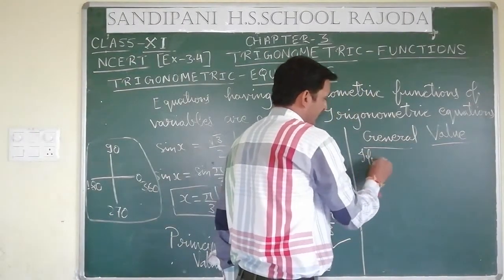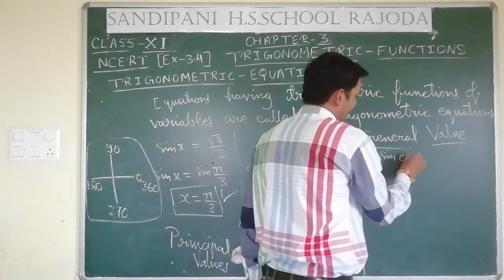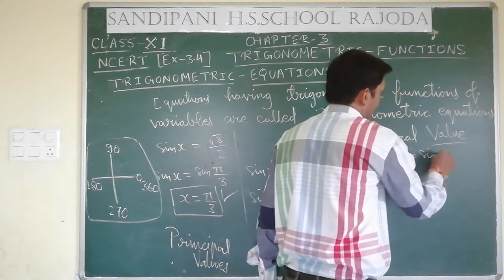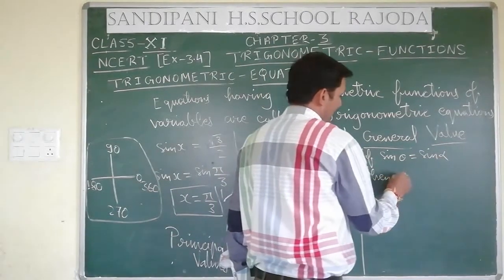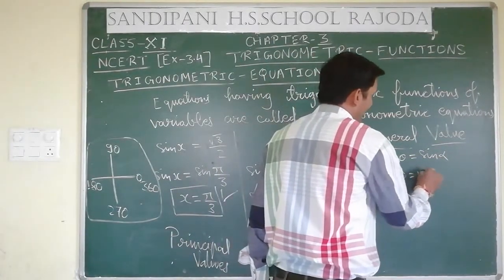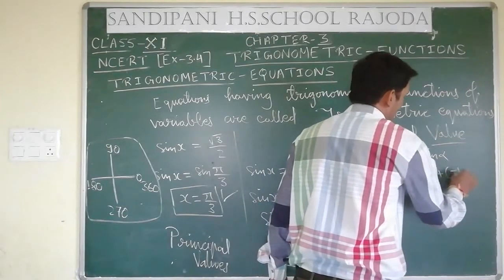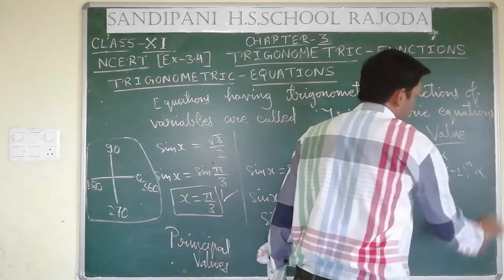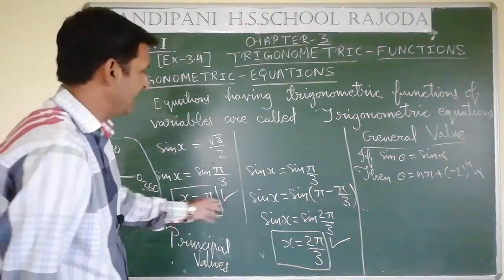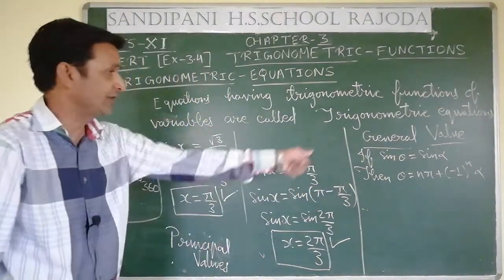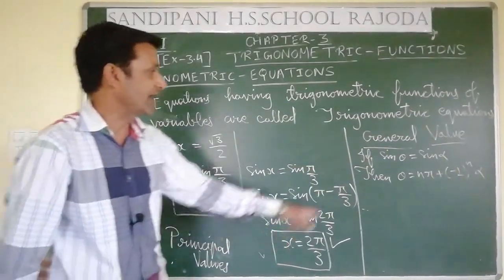If sin theta is equal to sin alpha, then theta is equal to n pi plus minus 1 raised to the power n alpha. Here in place of alpha we have to put any of the principal values, either this or that.